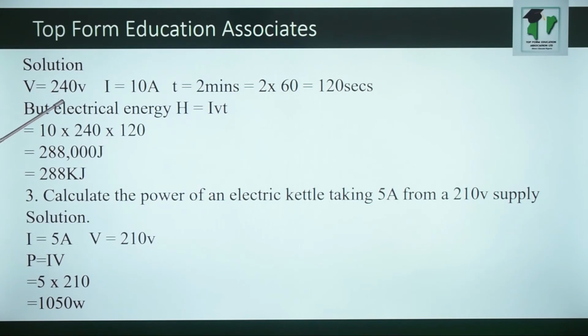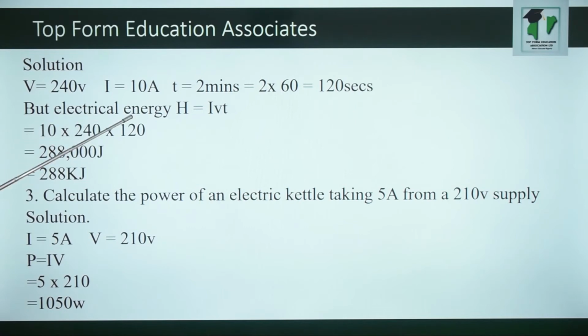Solution: the parameters given to us are the voltage, 240 volts, the current, 10 ampere, and the time, 2 minutes. Since we are talking about electrical energy, not power, the time should be in seconds. 1 minute gives you 60 seconds, so 2 minutes gives you 2 times 60, that is 120 seconds. Are you following it?